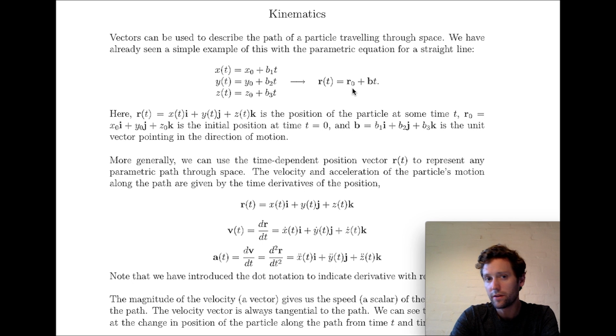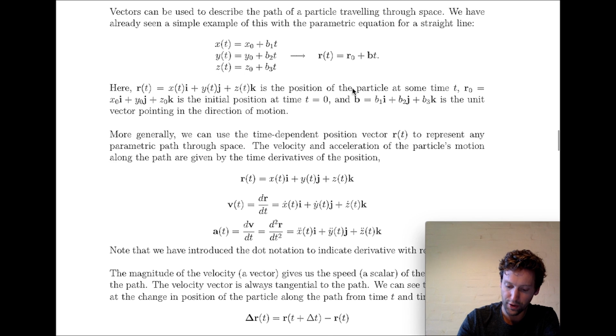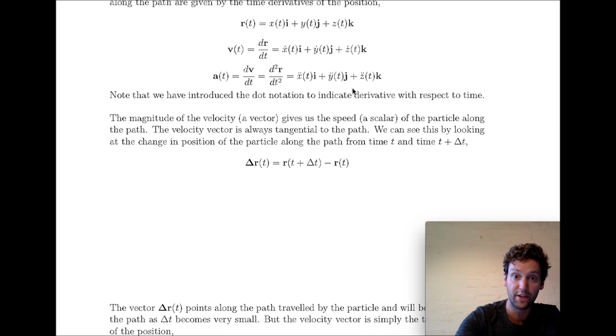More generally, of course, we could have any functions for x, y, and z, and that will describe any parameterized path through space. So we can have quite complicated paths. Once we have those expressions, x of t, y of t, and z of t, we can then calculate velocity and acceleration by calculating the time derivatives of those vectors.